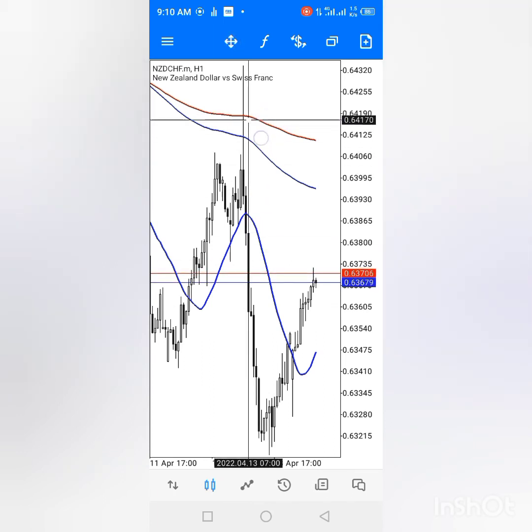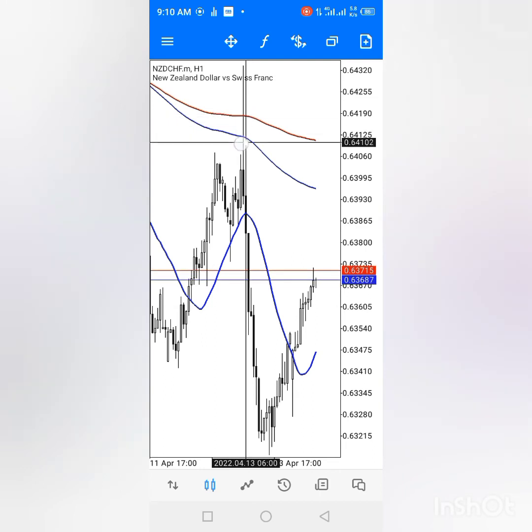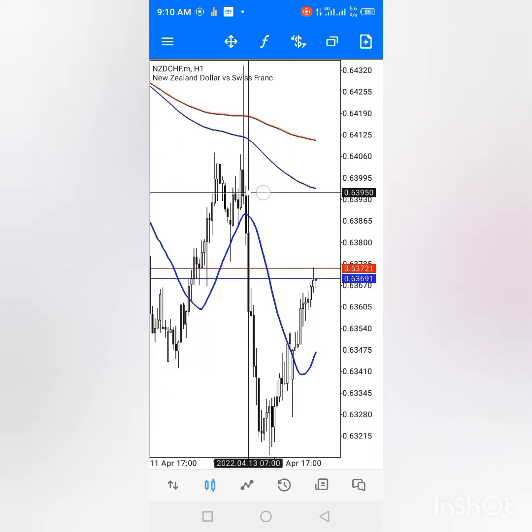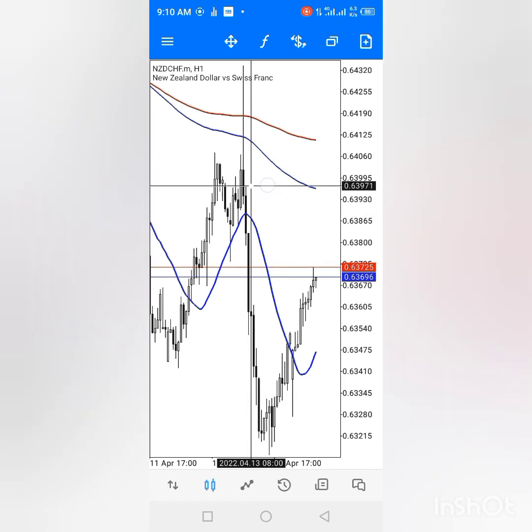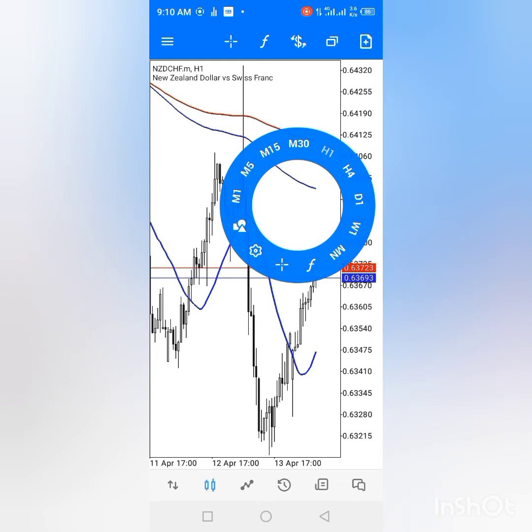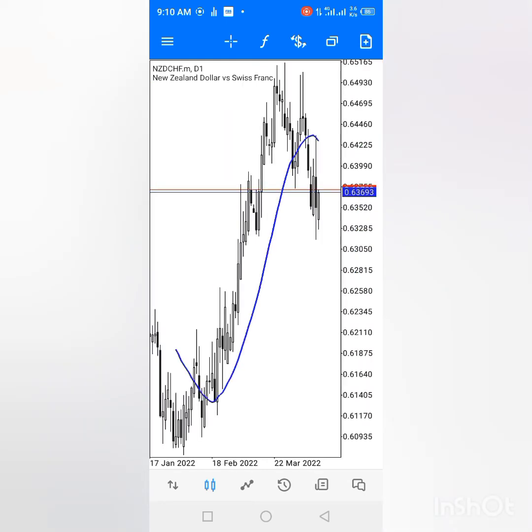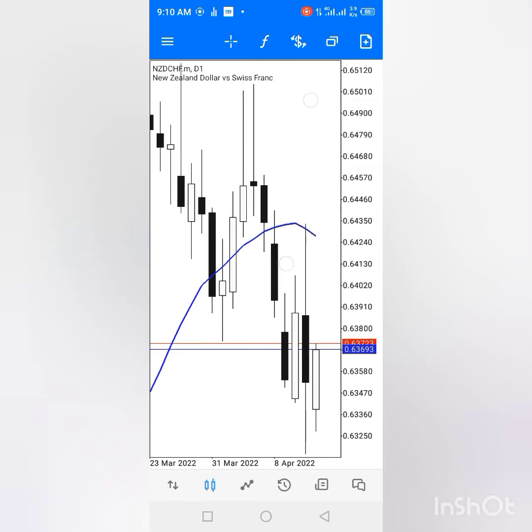My first confirmation, both 200 period moving averages, simple and exponential, were closed by the wick of a candlestick. Then the market has to close the daily market open, and it also has to close the 21 period simple moving average. So let me draw now the daily market open. Remember, it was yesterday when I took this trade. So after that, I go to my daily time frame.